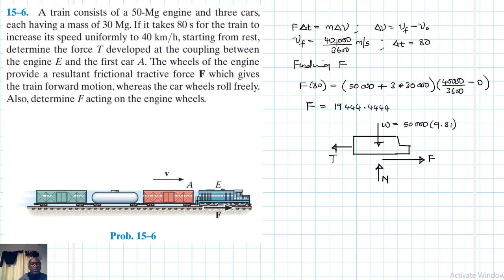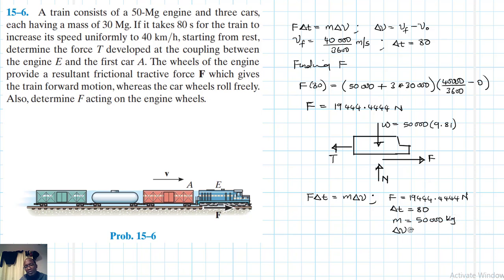Applying this equation again, F delta t is equal to m delta v. Our F here, we already calculated, is 19,444.444 newtons. Delta t still remains 80, and m is just equal to 50,000 kg.